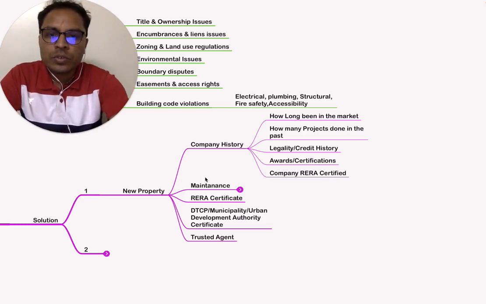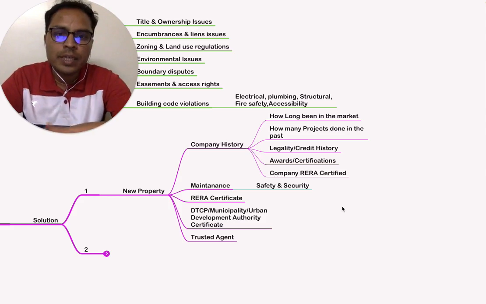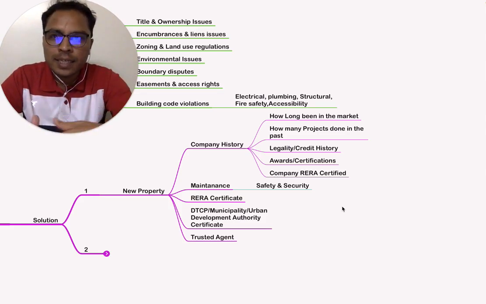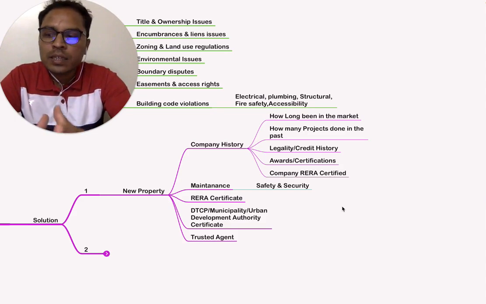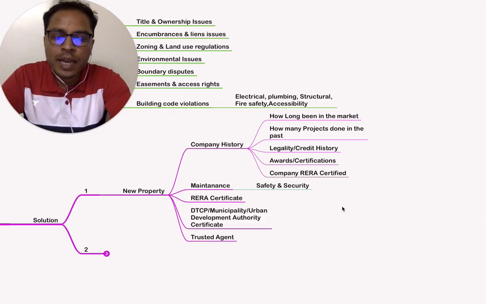So you need to check that. If you have safety and security for a property, that is more than enough. If they say 10 years of maintenance, or 5, 15 or 20 years of maintenance, then there is a chance that you can minimize some risk because of the safety and security.